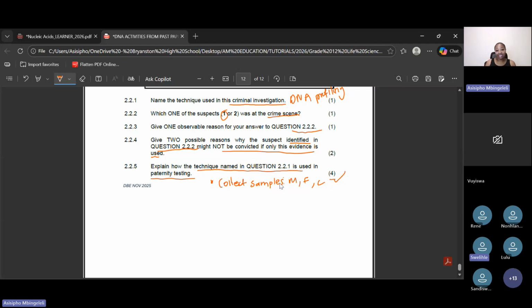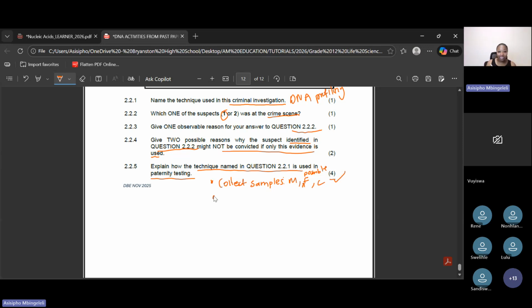Actually, they were even strict. If you said mother, father, child, you were penalized. You had to say mother, possible father, because remember, we're trying to find out if this guy is the father or not. So in this case, he is still a possible father. They had to collect samples from the mother, possible father, and the child.